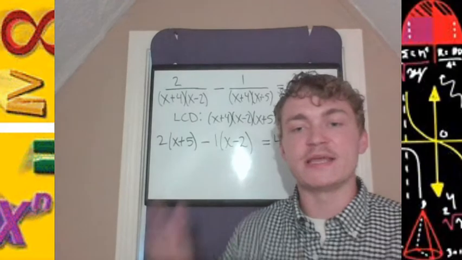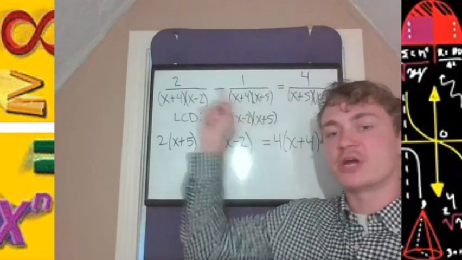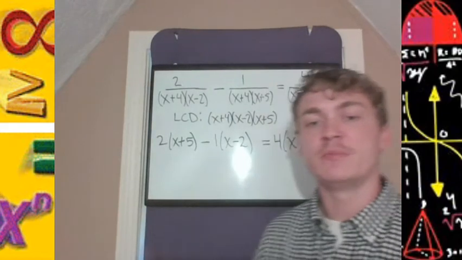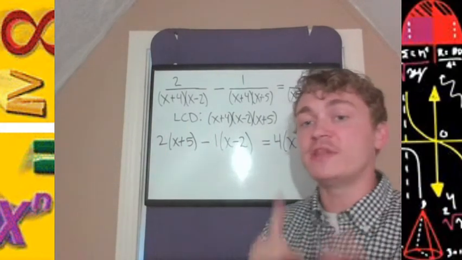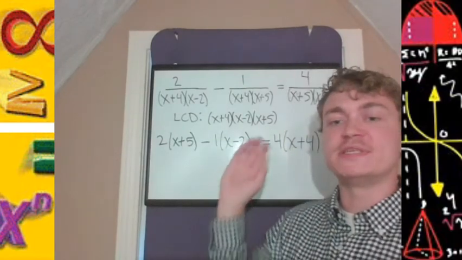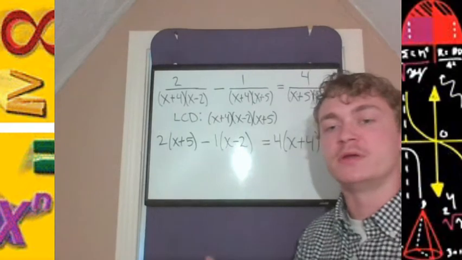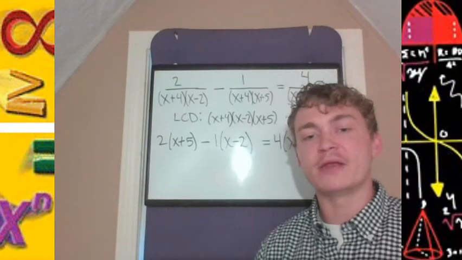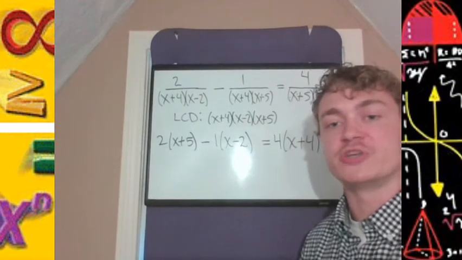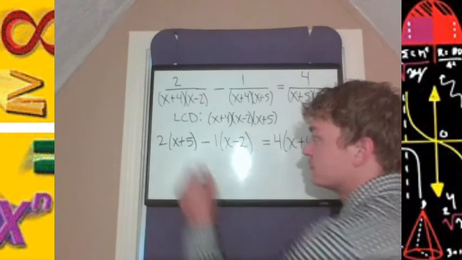This is the same as saying multiply on each side of the equation, thus multiply each term in the equation by the LCD, giving us this new equivalent equation. This equation represents the same exact outcome as this rational equation up here, but what this allows us to do is solve it in a much easier manner, where we first start by distributing the whole numbers outside the parentheses into the parentheses.